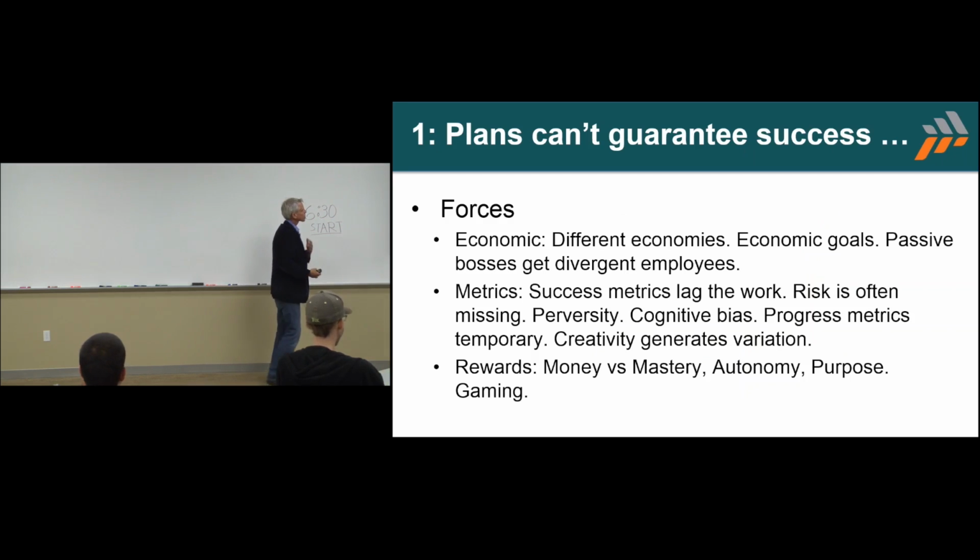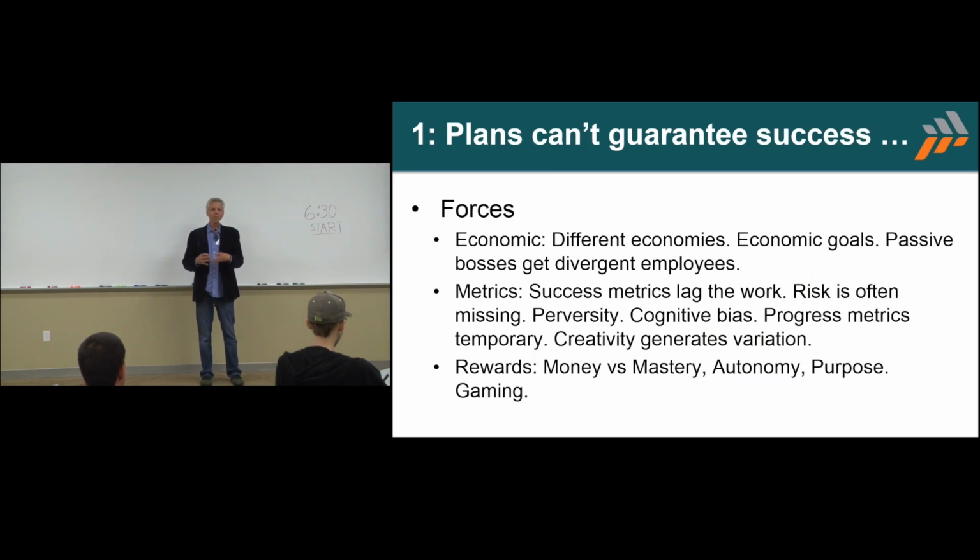So the forces that we face with these plans is that there's a bunch of things that we know about economics and people's behavior. One of them is that different economies have different rules. A production economy is one in which we're trying to save money, trying to produce more things for less money.